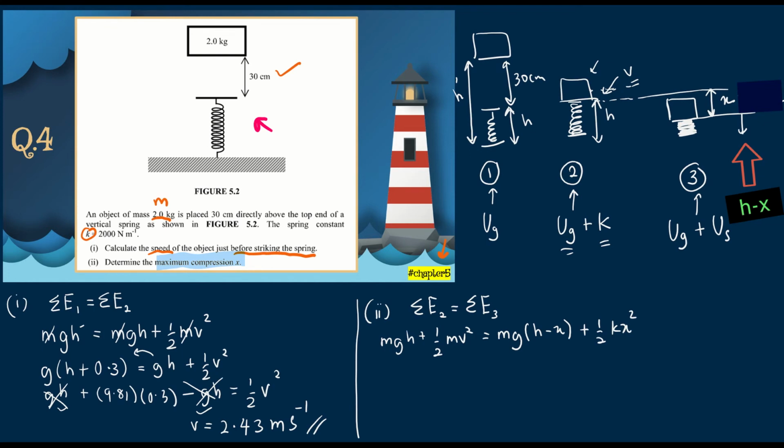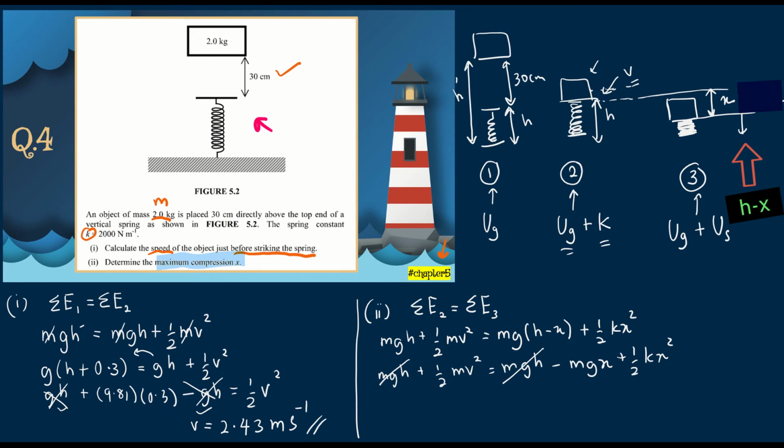So this is the formula for elastic potential energy. We expand all the equations, so it's going to be mgh plus half mv squared equal to mgh minus mgx plus half kx squared. So mgh minus mgh will vanish from the equation.